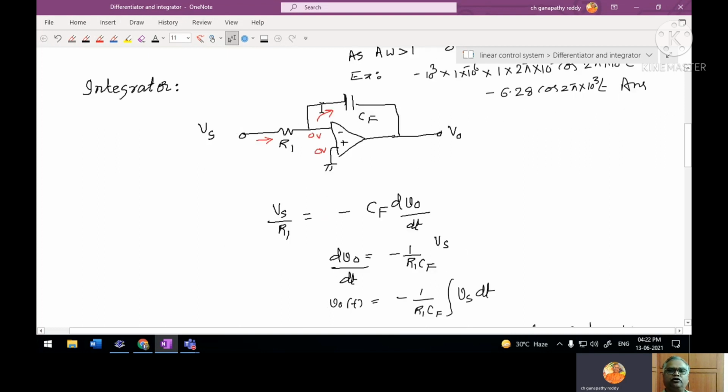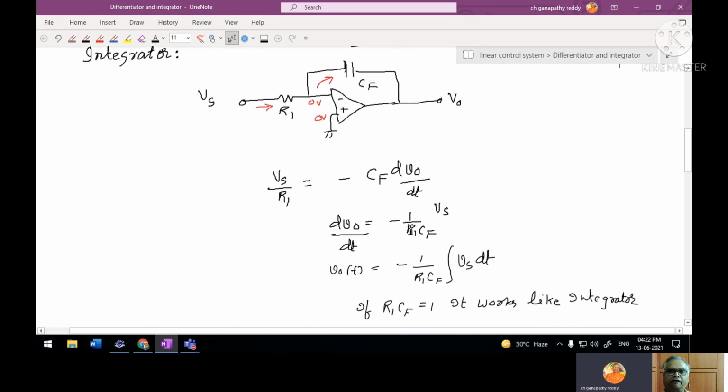I am just writing a nodal equation. This current cannot go into the op-amp, so whatever is coming through R1 will flow through CF. Incoming is equal to outgoing current, with the help of the nodal equation.